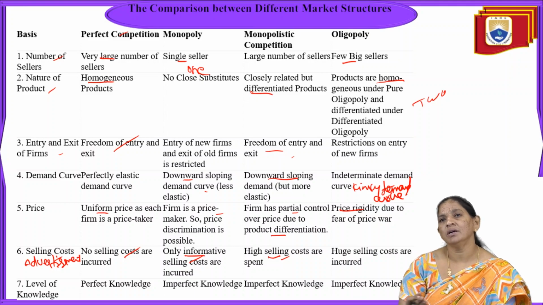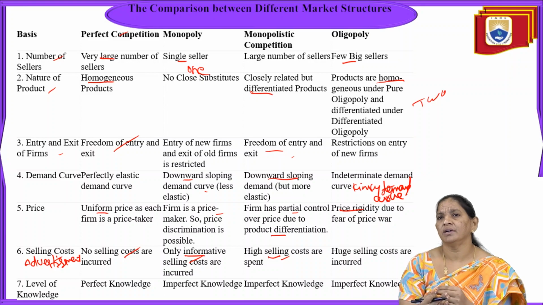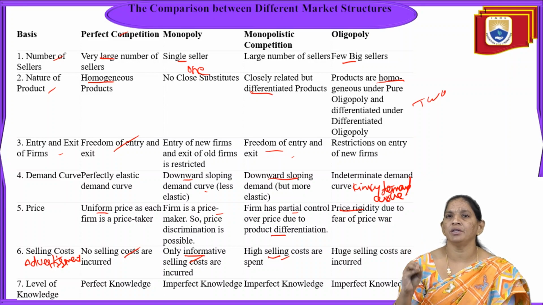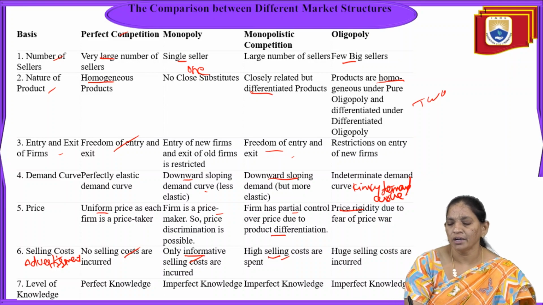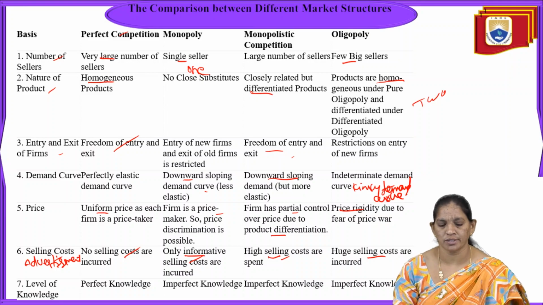And in the same way in oligopoly also, few sellers are there who want to dominate one another. So in order to make people identify that theirs is a good product, these few firms will also spend a huge amount on advertisement expenditure or selling cost.